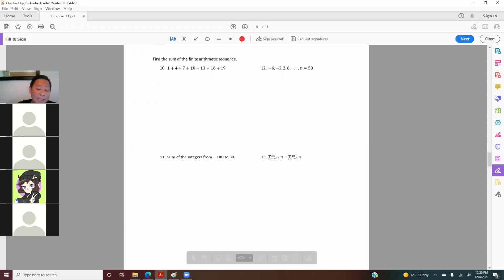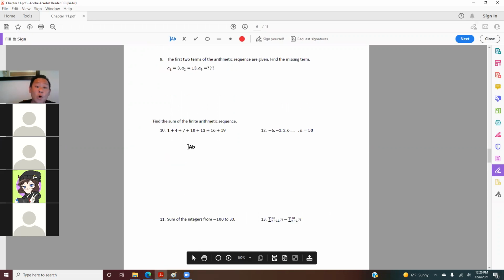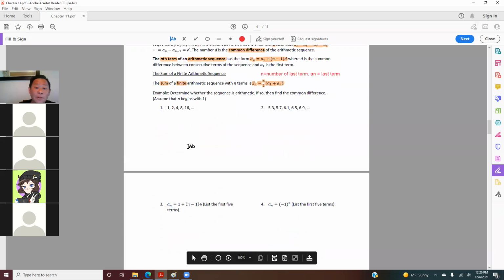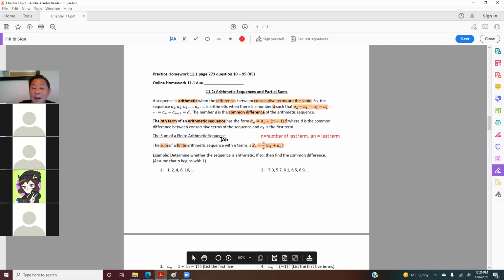So when you find the sum, you don't use the An formula, because that is for the term. You want to find this. So this is the formula for this: Sn equals n over 2 times (A1 plus An), if you know your first and your last term. Otherwise you have to plug in the An over here, then you will get the second formula for the sum.